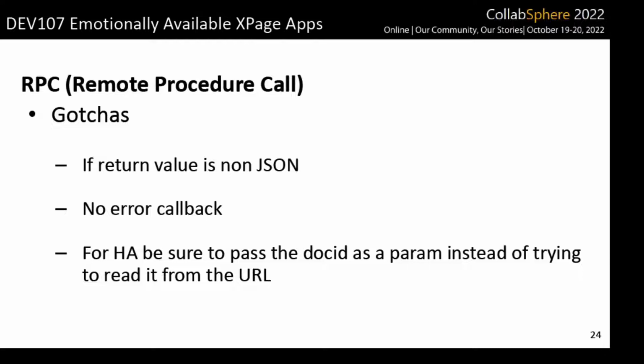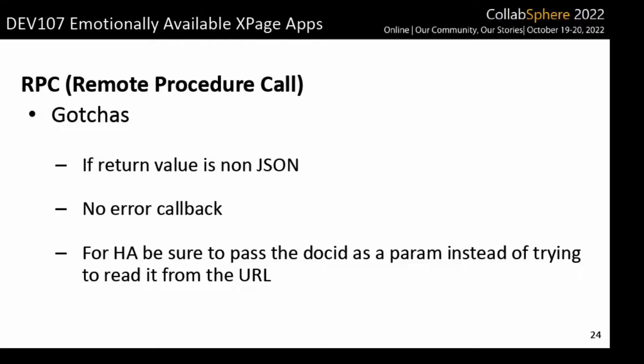In that instance, the F5 sends a response back to the browser that is HTML. It's an HTML error page, and the RPC control does not process an HTML response. So just something to keep in mind.